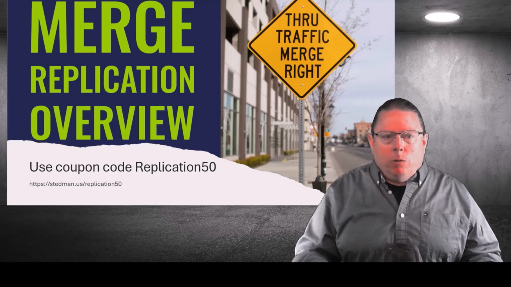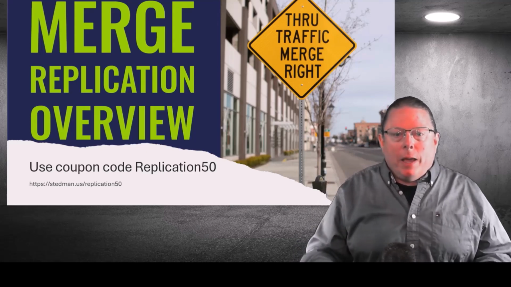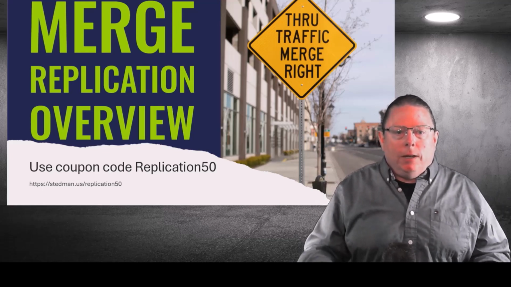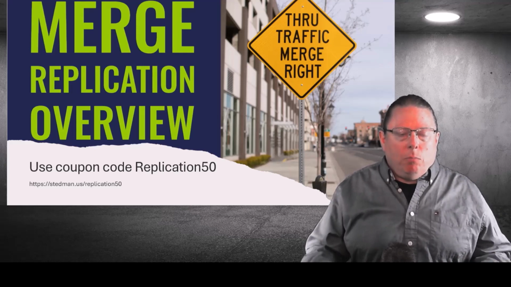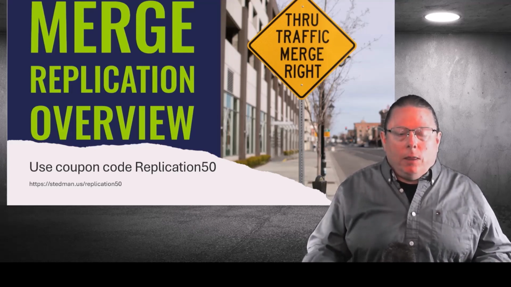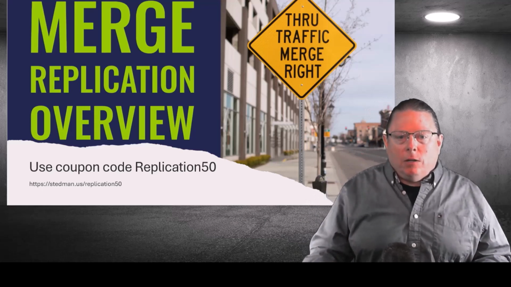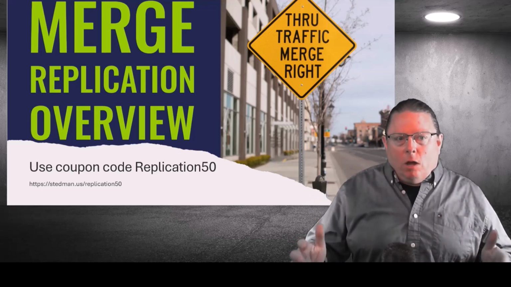The data is changing in one place and it's being published to many subscribers. With merge replication, the data is being changed at many subscribers and then being synchronized and brought back to the distributor and the publisher and then synchronized out to all the other subscribers. So you run into the concept of conflicts.